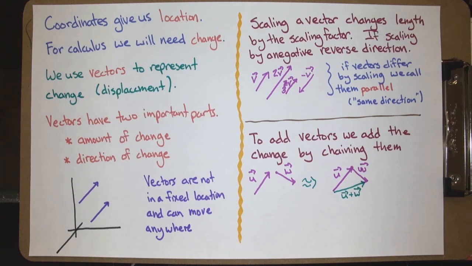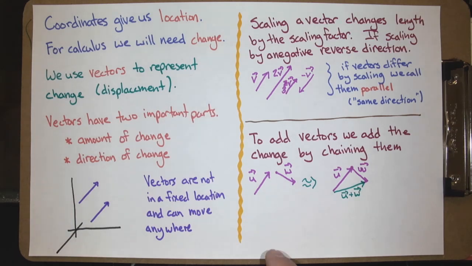So putting a minus in front just says, go backwards. And there's a word that we'll see, which is parallel. I like to think of parallel as saying they're going the same way. More technically correct is two vectors are parallel if you can scale one and you get the other. That's what we mean by parallel. So they only differ by scaling.